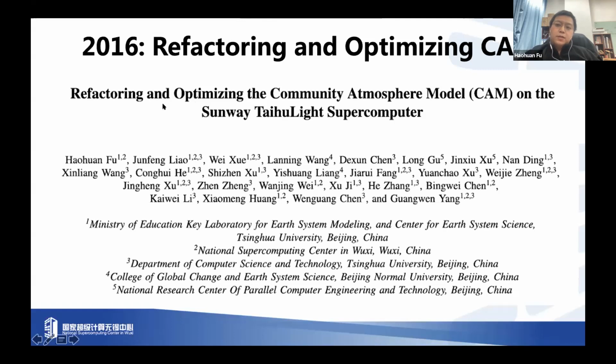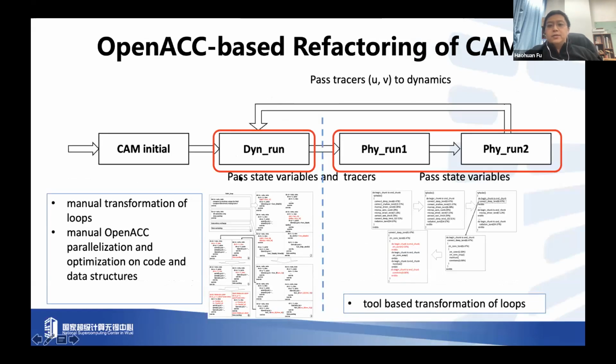But by the time that we actually sent the paper to supercomputing, we only had four or five students that were still willing to continue working on the project. And this is, I should say, the first stage of the project that we tried to refactor the code onto this new machine. And as you can see from this figure, if you want to know some more details, you can refer to our supercomputing paper in 2016.